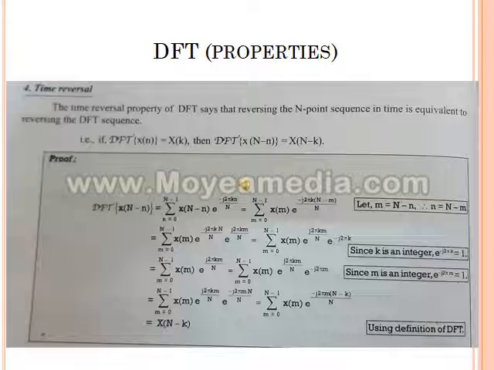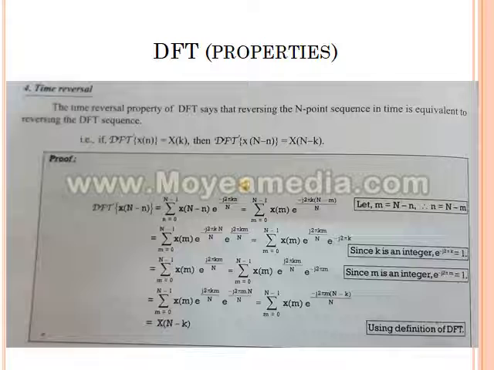Basically, first we do the time reversal, then it is capital N minus n. Obviously we have to replace x of n in the basic expression of the DFT by x of capital N minus n. Then it becomes summation n equal to 0 to capital N minus 1 x of capital N minus n e raised to the power minus j 2 pi kn by N.